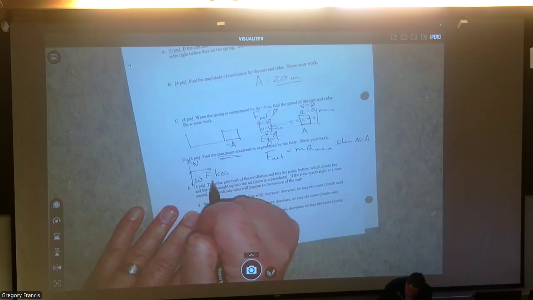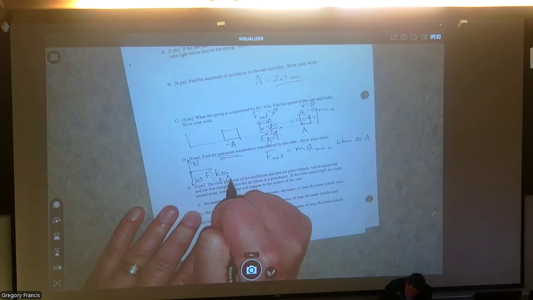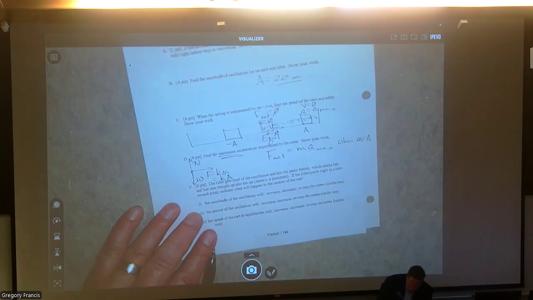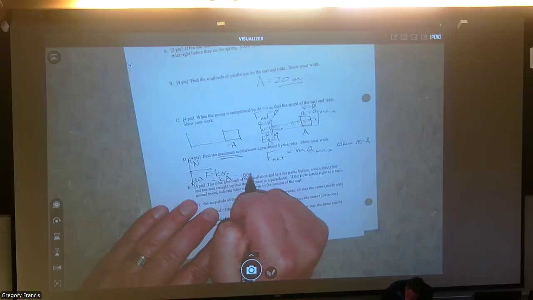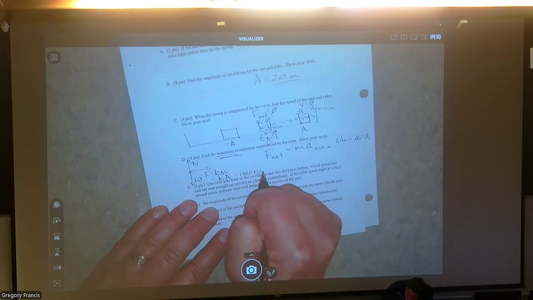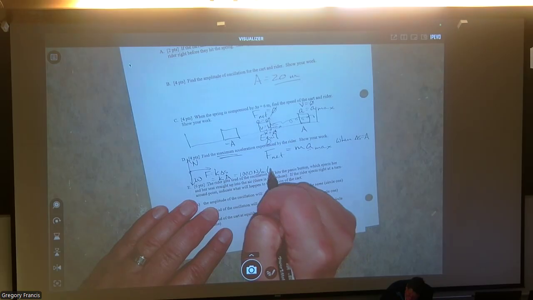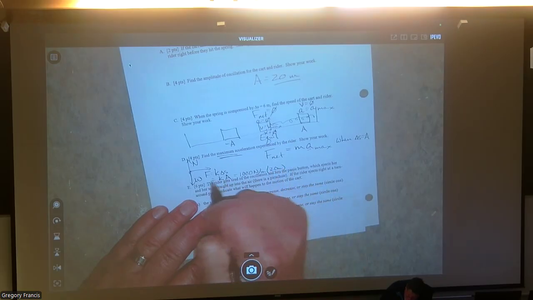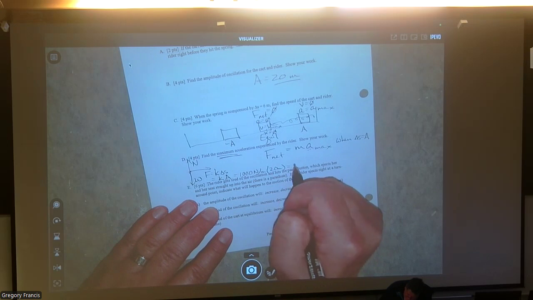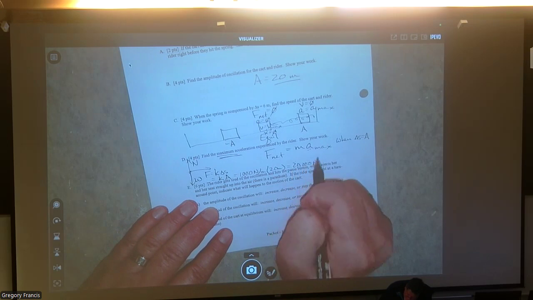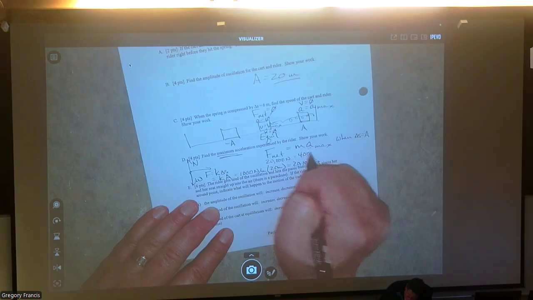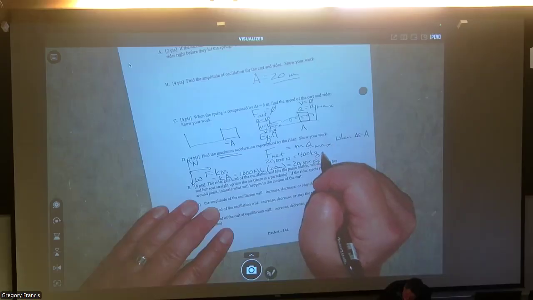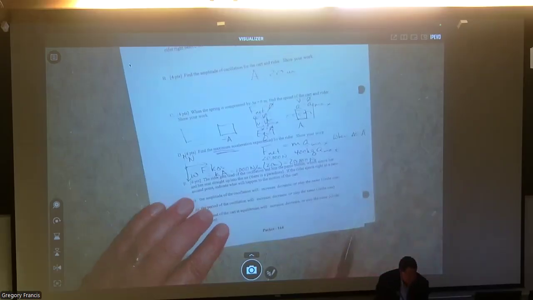But at the turnaround point, delta S is equal to the amplitude. And so in this case, since I have a K value of 1,000 newtons for each meter and an amplitude of 20 meters, this force, which is the net force, is going to be 20,000 newtons. So I can put that in here. The mass is 400 kilograms. Right, yeah. And so now I just solve for a max.